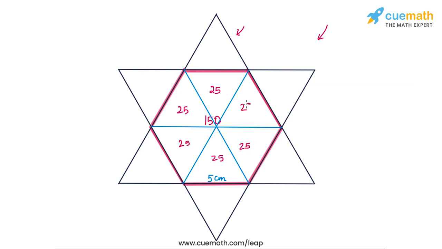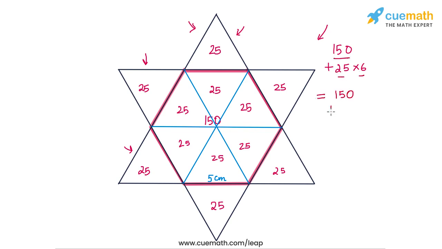Then each of the triangles drawn on the sides of the hexagon is also an equilateral triangle of side 5 centimeter, so we can fit 25 triangles of side 1 centimeter into each of them. So 150 in the inside hexagon, plus another 25 into 6 for the triangles drawn on the sides of the hexagon. 25 into 6 is also 150.